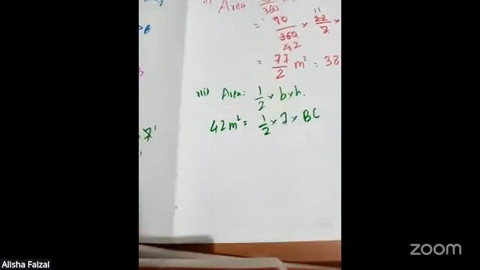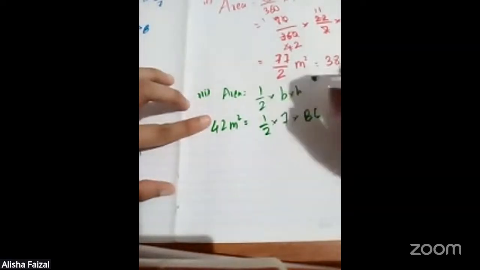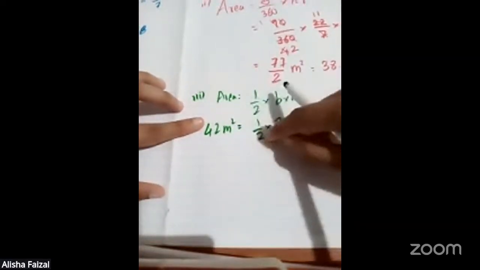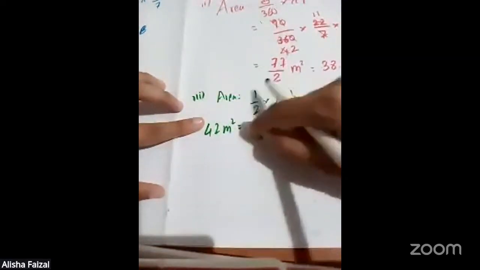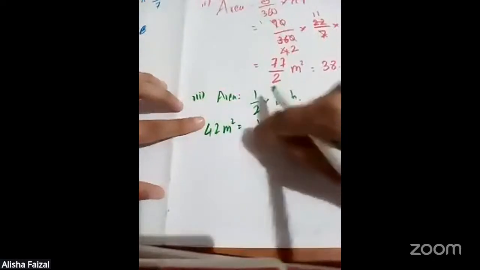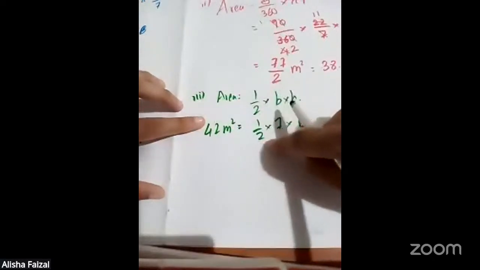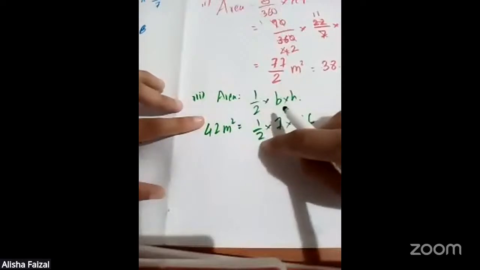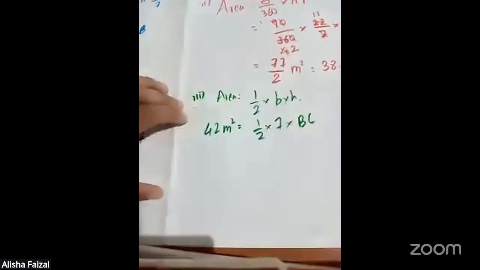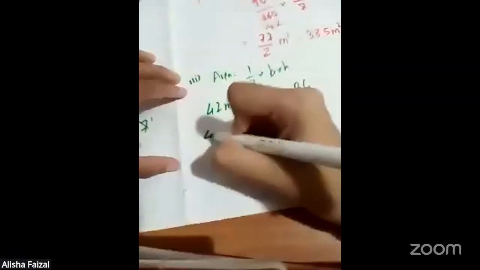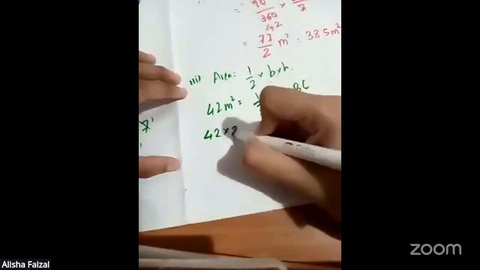So now we know 2 is in the bottom, which means it's dividing. Now, when you bring division to the other side, what happens? Multiplication. So 42 multiplied by 2.